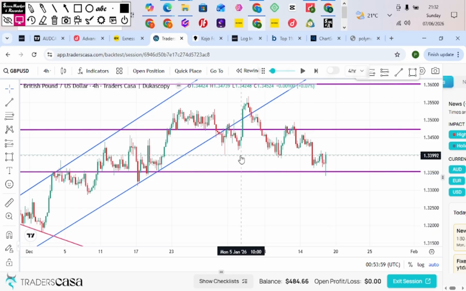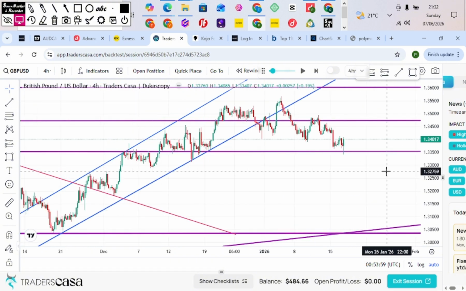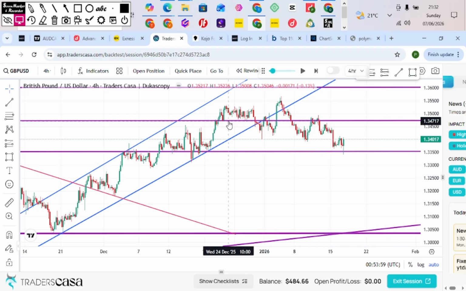It took a little bit of time, but eventually it got to our target profit at 1.33500. So this is how market structure works, by understanding the underlying effect at that particular moment.